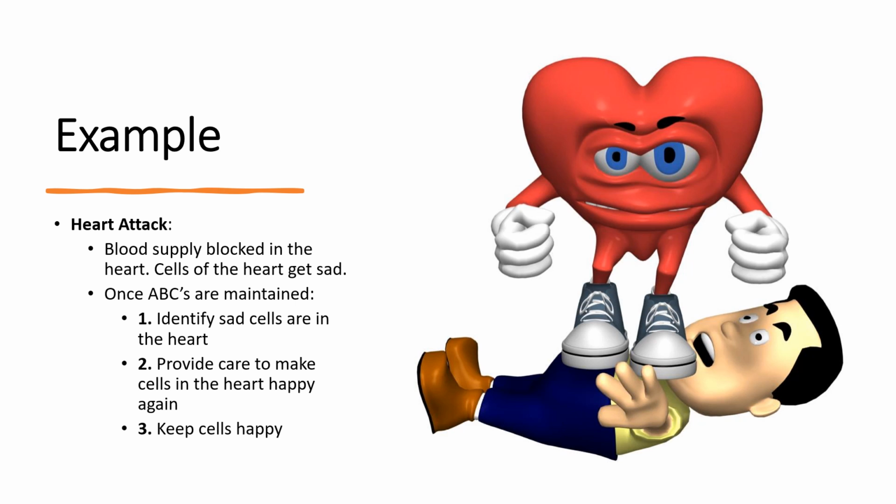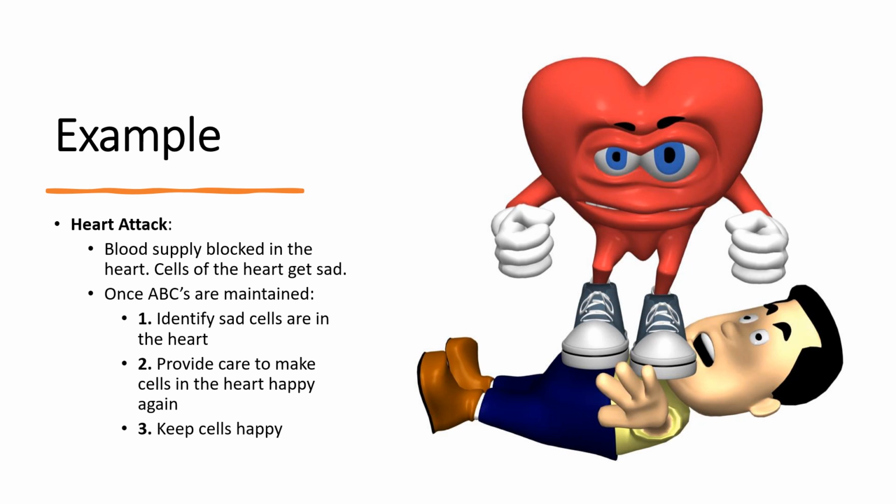So here's an example of what this might look like in a real-world situation. If a patient is having a heart attack, the blood supply for the cells in the heart gets blocked. So what does that mean? Well, the cells in the heart are getting sad. So we check the ABCs, make sure those look good.